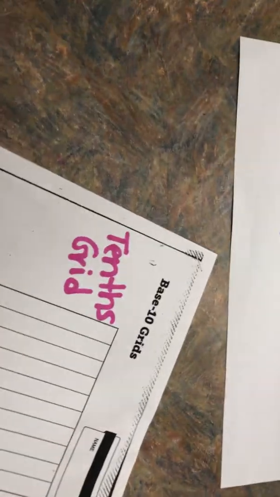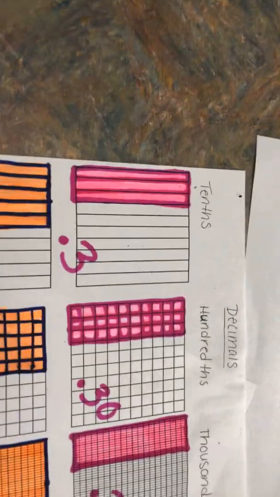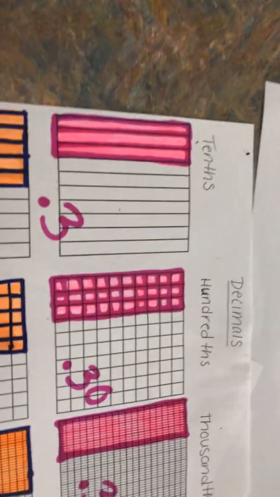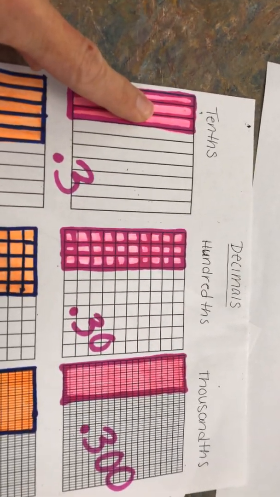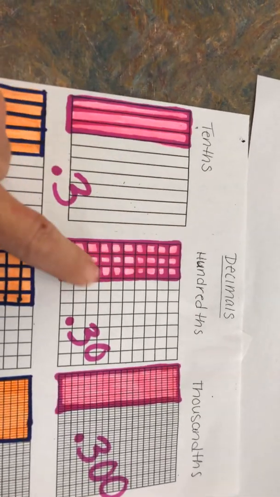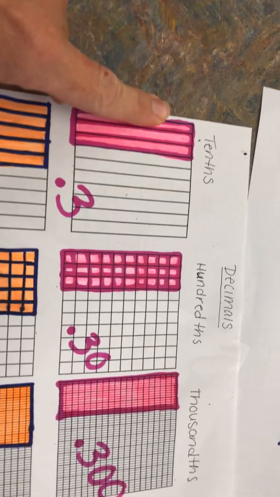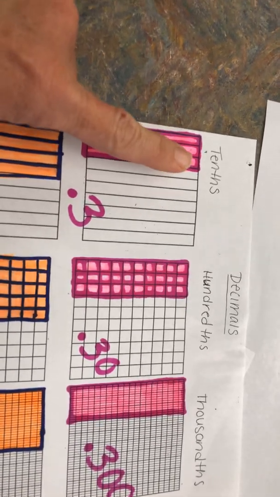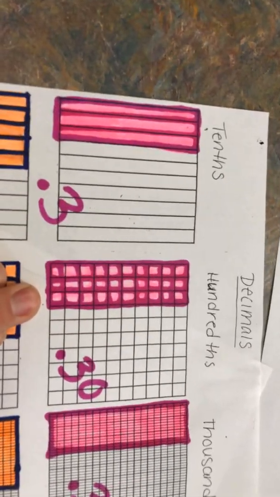The thing is that we can choose any of those grids to represent equivalent or the same values. Check this out. I have 3 tenths. If I wanted to split those 3 longs up into baby cubes, each long is 10 baby cubes. We know that. So I could take my 3 longs, break them apart, and have 30 baby cubes.